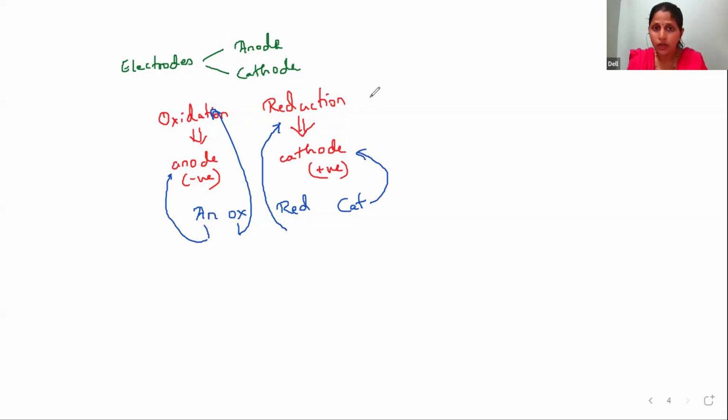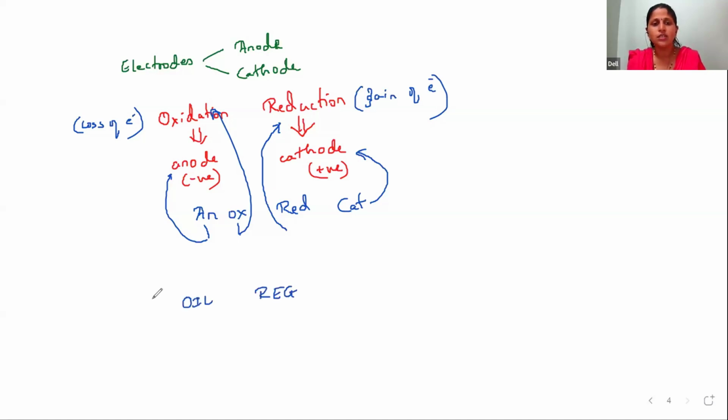And one more thing, what is reduction? Reduction is gain of electrons, and oxidation is loss of electrons. There is a memory tip for this too. Shall I tell you? This was the memory tip told by my teacher. Oxidation, OIL RIG.